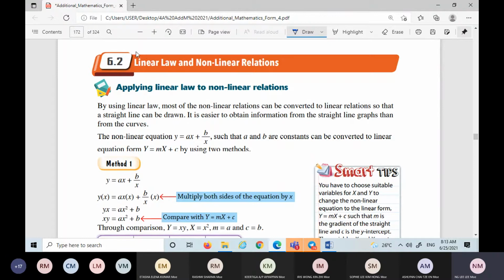Okay, linear relation. Write index. You go through this paragraph.